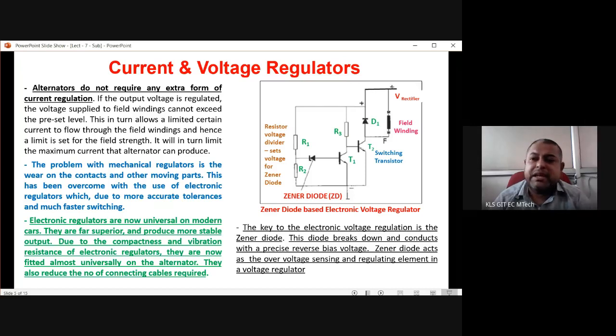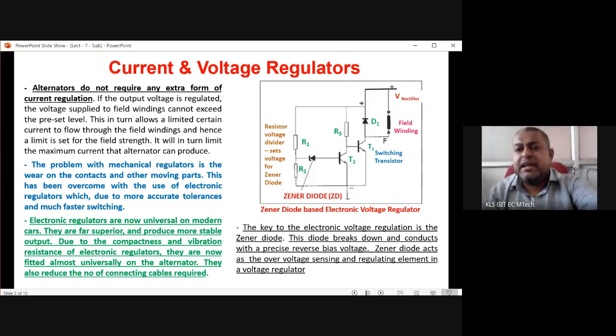Okay, so that means nowadays there are no mechanical kind of regulators. Every vehicle is connected to an alternator, and the regulator is of electronic type with a Zener diode, or maybe there are IC based regulators also. Instead of a Zener diode, we can connect a more improved IC based voltage regulator, and that is controlling the current flowing through the field winding or rotor winding of the alternator.